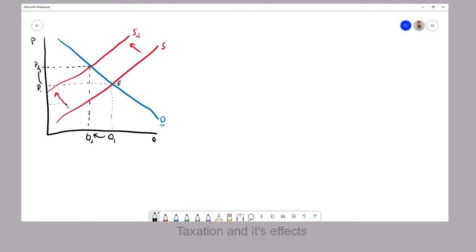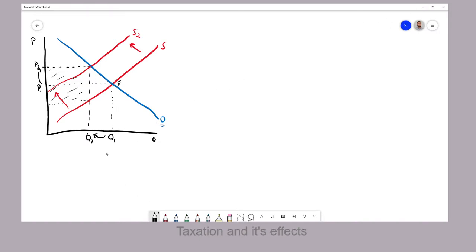And we can look at the revenue that would be generated from this tax. Because we know that this many people are buying it, we know that this area here in these boxes is the revenue raised from this tax. That's the revenue that's raised from putting the tax on this good.